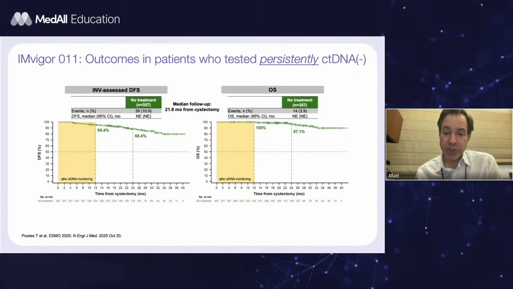However, patients who had a conversion of undetectable to detectable ctDNA during that first year of follow-up before developing metastatic disease on a scan are not represented on this curve. These patients entered the randomization, and so they're removed from this curve. So remember, this only represents patients who are serially negative.